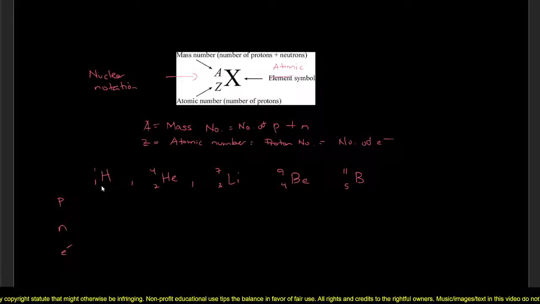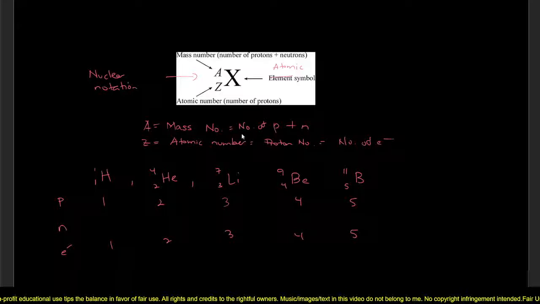where the atomic number is equal to the number of protons and number of electrons, the mass number being equal to the number of protons and the number of neutrons.